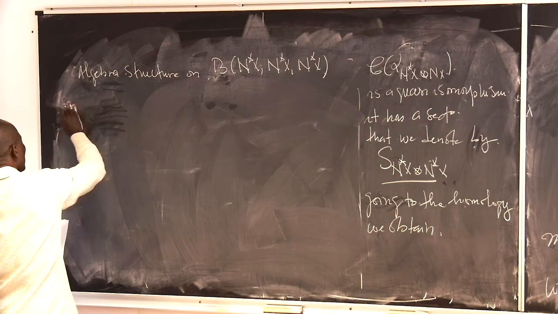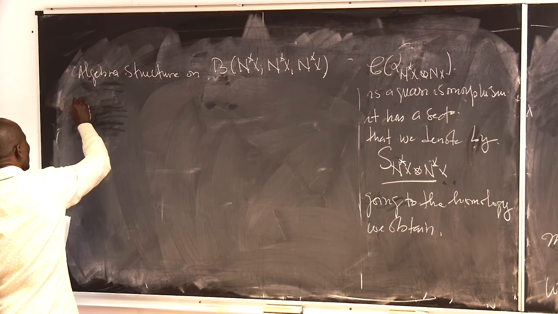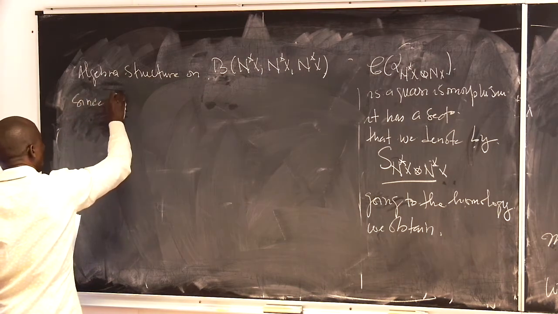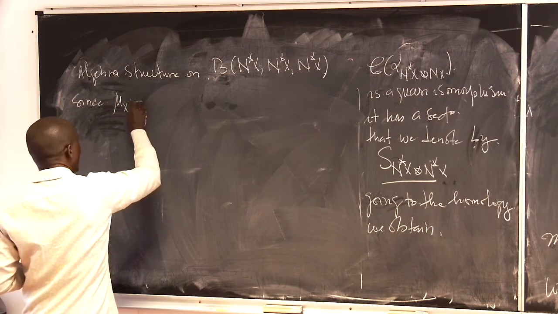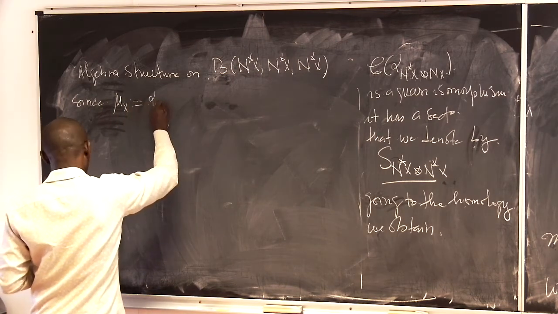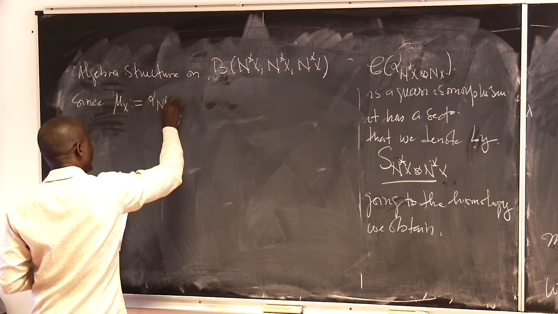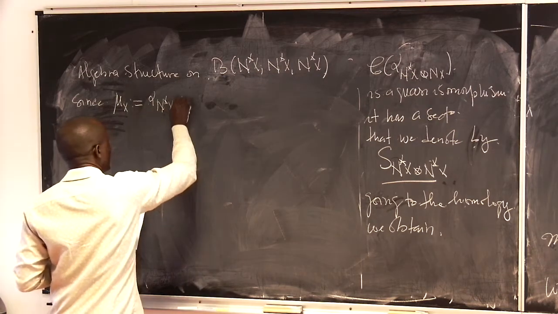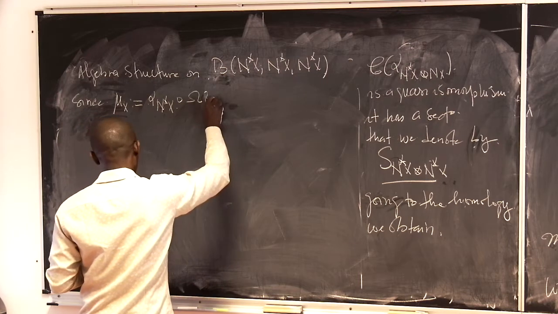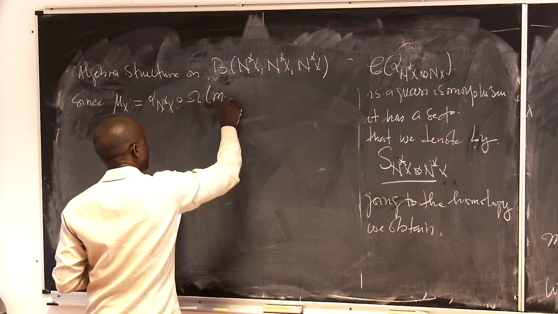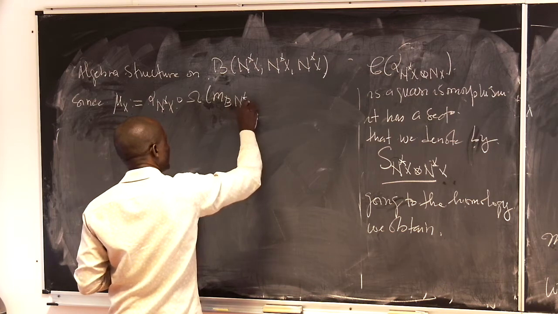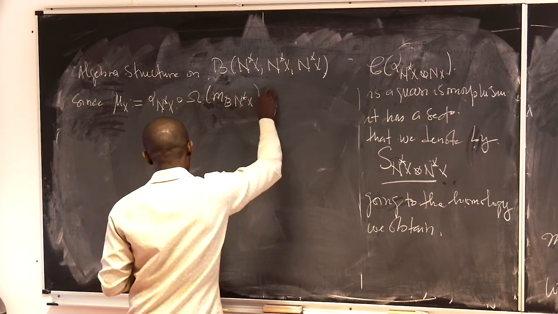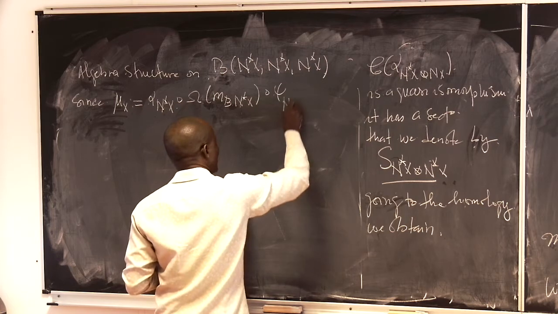So, since our mu X is equal to alpha NX, we define it as omega MB NX composite with our psi NX.